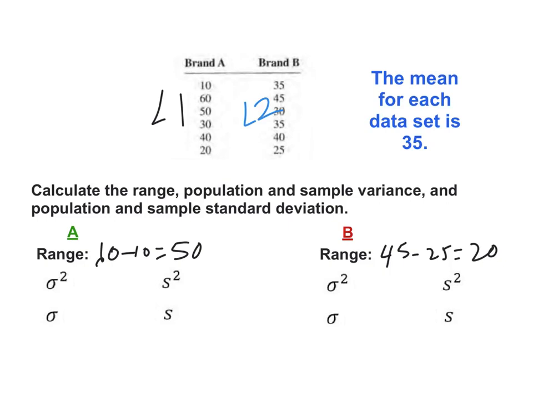And mostly it's because you have to tell the calculator what list to do the calculations from. So because we have both entered in, when I'm looking for brand A, when I'm trying to fill all this out, you're going to have to tell your calculator to do the calculations from list 1. When you're wanting to do brand B, you're going to have to tell your calculator to choose from list 2. Okay, does everybody have the data? Anybody not have the data in yet?